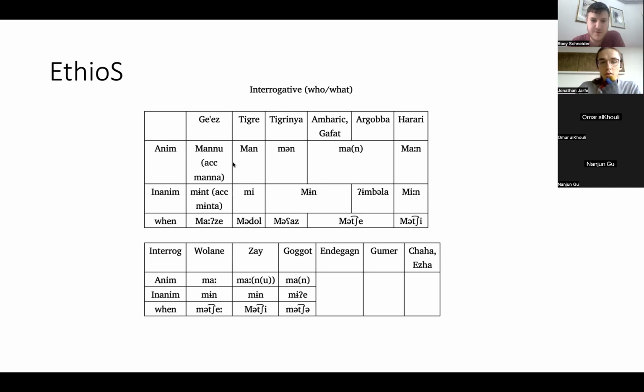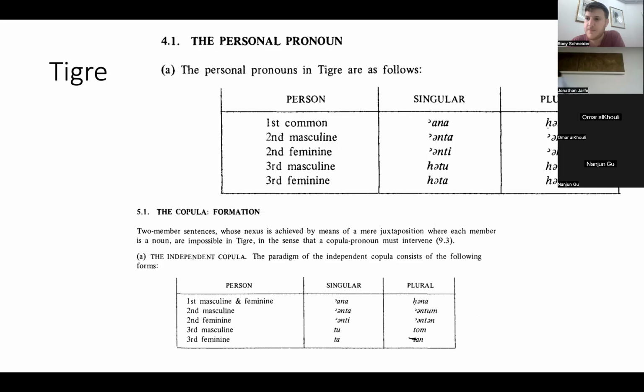So for the animate one, the who word is manu in Ge'ez, and it's man, min, man, ma, manu, man, and so on. Just for a little bit of taste from Tigre before we have a forced break. So these are the pronouns in Tigre.